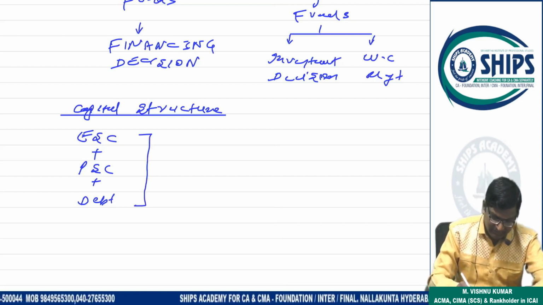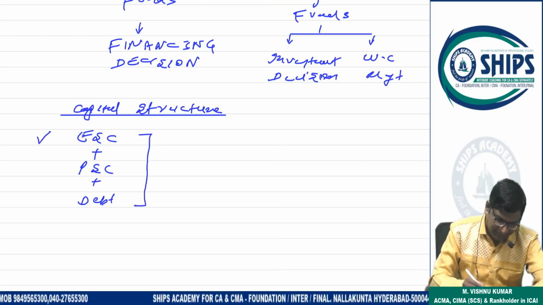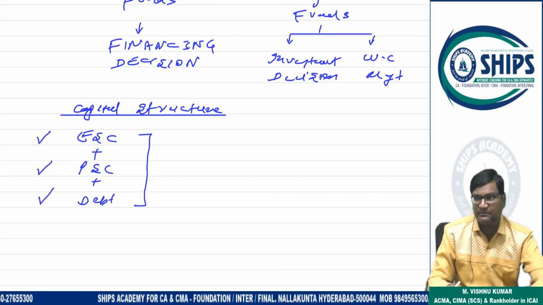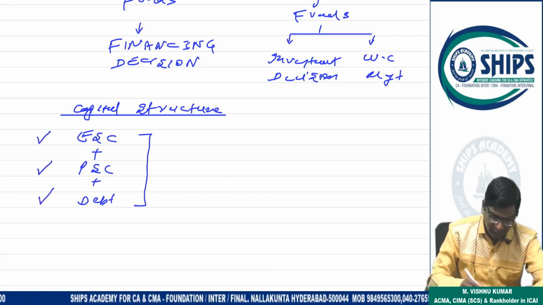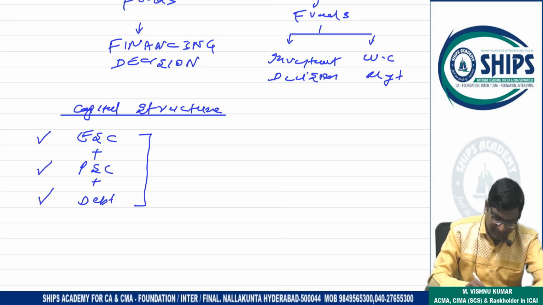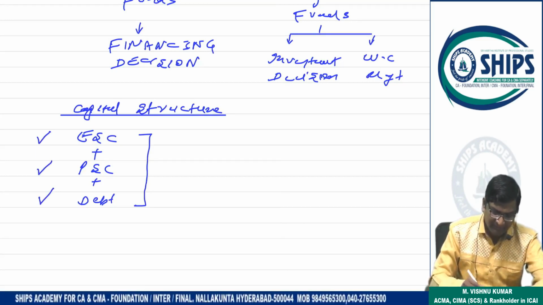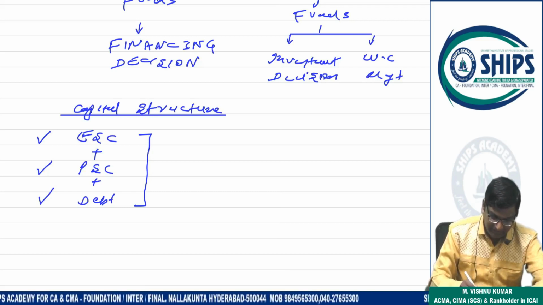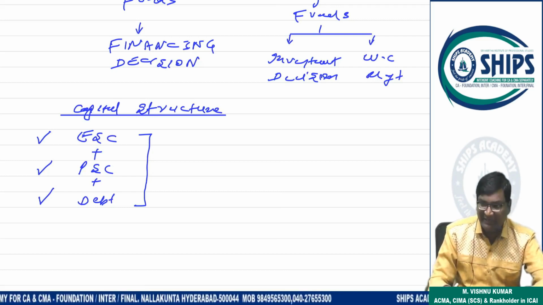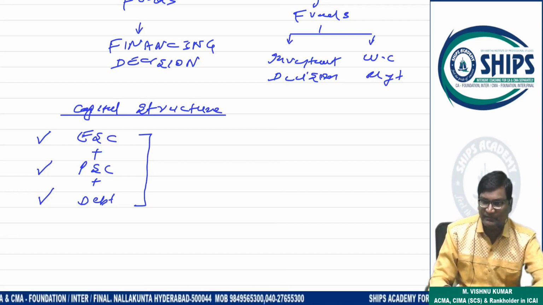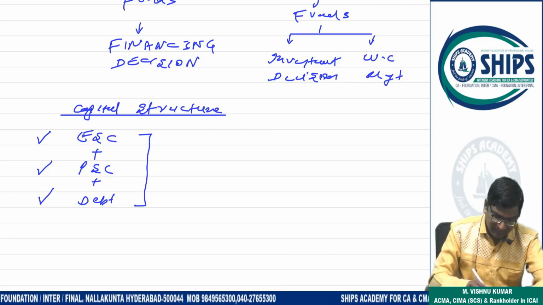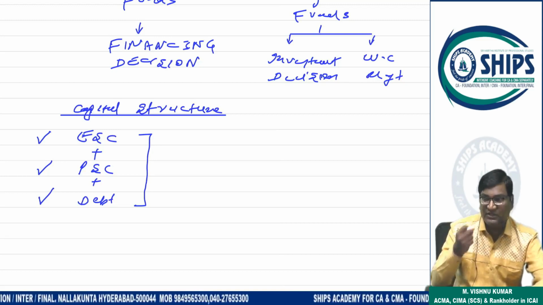Whenever they want funds, they can raise through equity, preference shares, or debentures. In the balance sheet, equity capital, preference capital, and debt will all be on the liability side. That's why this is called capital structure.